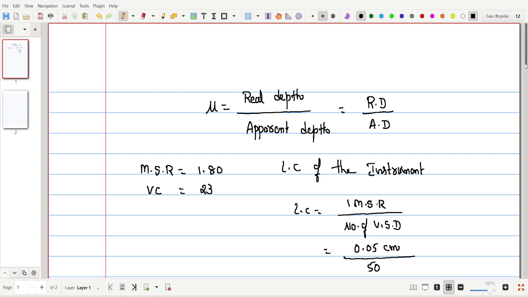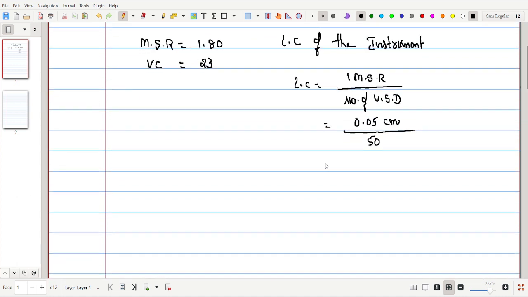Therefore, what is the least count here? 0.05 by 50, that is 5 by 5000 centimeter, which equals 1 by 1000 centimeter, that is 0.001 centimeter. So the least count of this instrument is 0.001 centimeter. Once you find the vernier coincidence, you always need to multiply it with the least count.